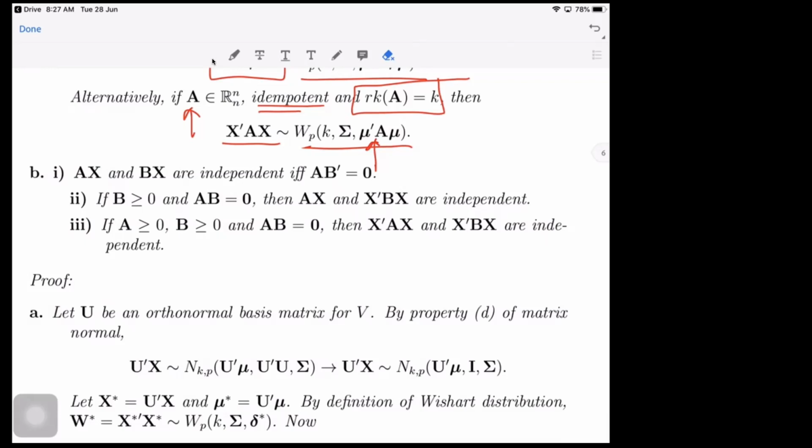So if you want to verify that those two transformations are independent, you can check this transformation.